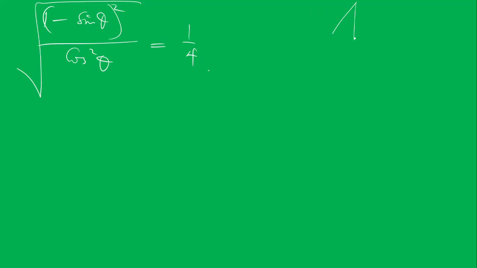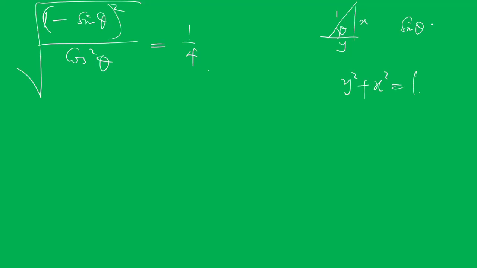Now if you have this hypotenuse to be 1, and let's say here is x, here is your y, and y squared plus x squared is equal to 1. Here is theta.